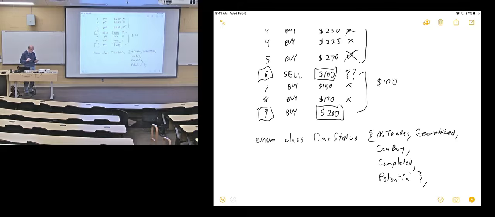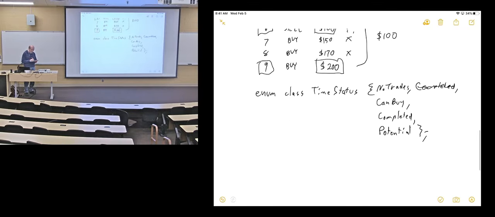Curly braces, semicolon. So later on, if I have a variable of type time status, I could call it status. I can set it equal to time status, colon, colon, and then no trades would be my initial state.